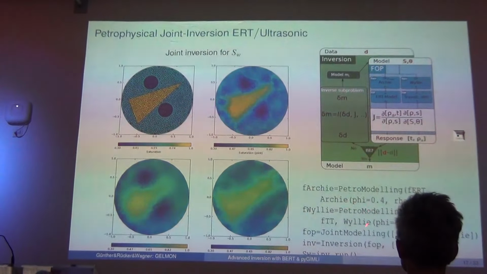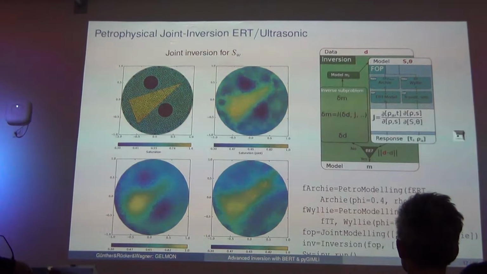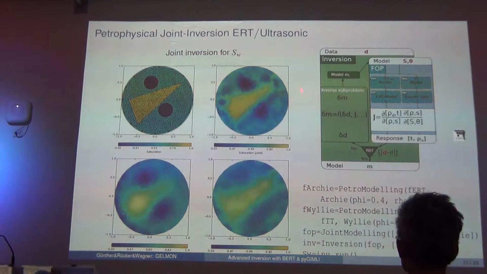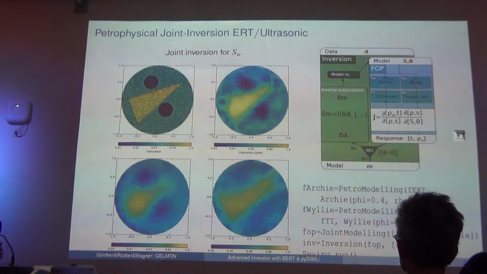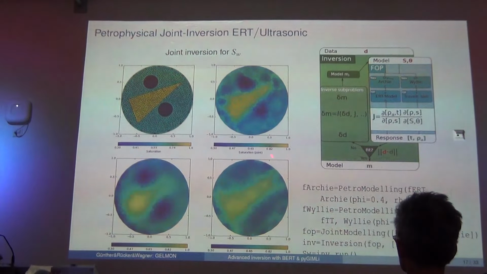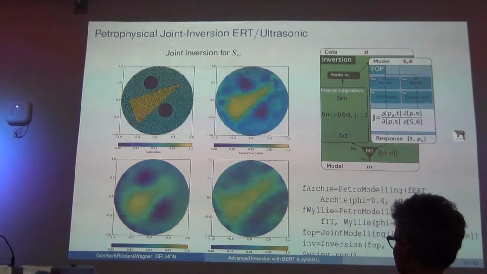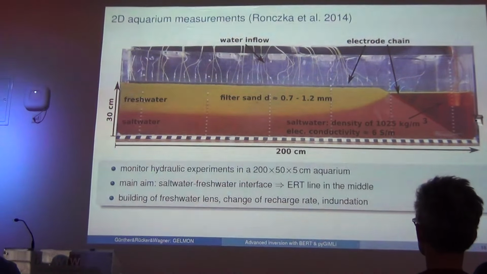And then there's another framework, which is joint modeling, and you just use those two petrophysical modelings, put them together, put in all your data, which are the apparent resistivities and travel times, and you get a result which is saturation by definition, and which you can also constrain by saturation. So you can really say that saturation must be between 0 and 1 or whatever, because you can constrain saturation much better than resistivity.